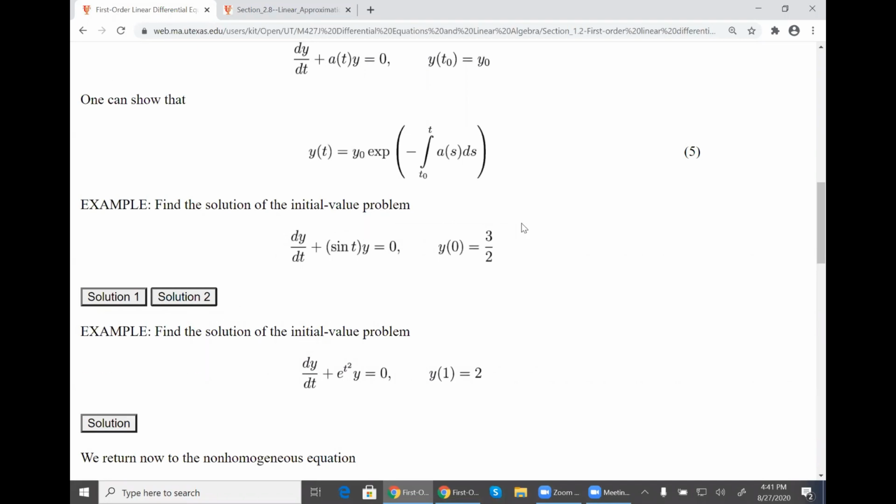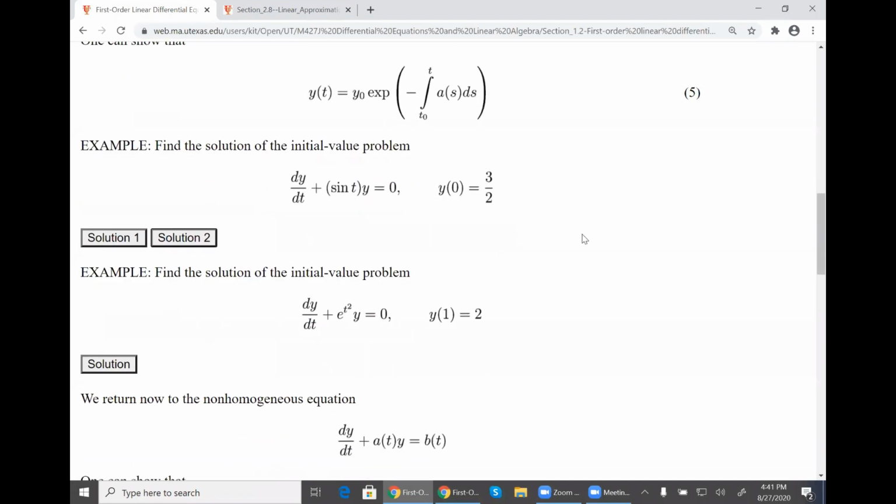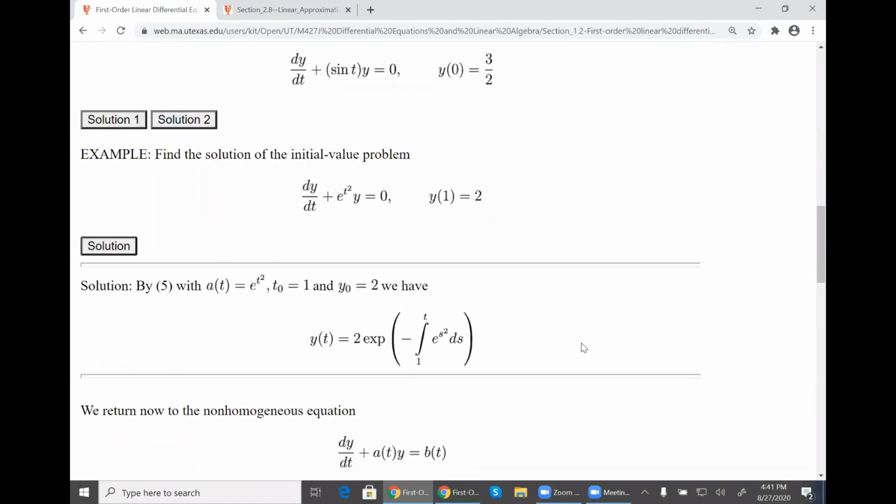Okay, thank you. Now here's another example, example 2. Before we apply the formula, we identify a of t, which is e to t squared. We identify t0, in our case, t0 is 1.